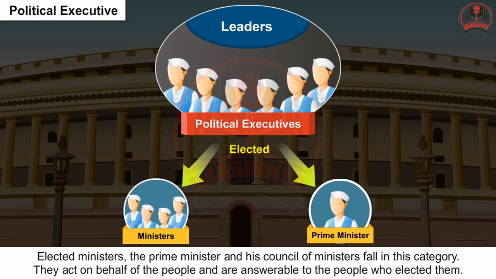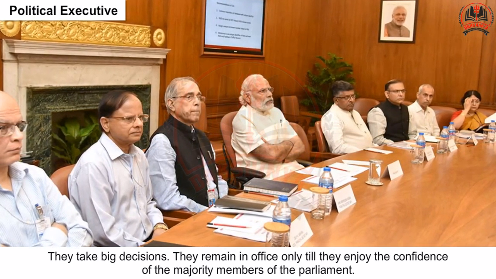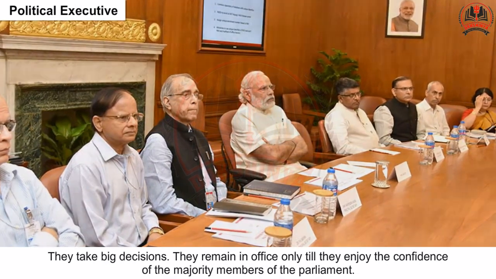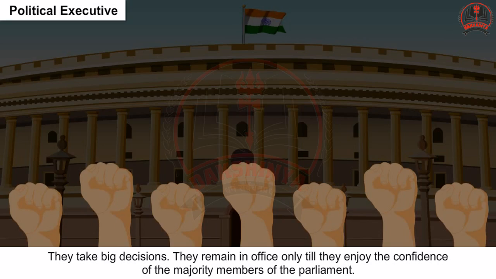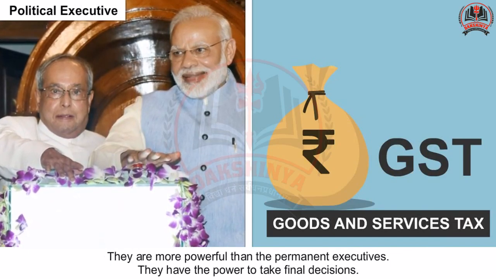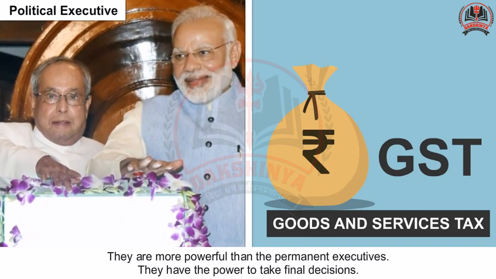They act on behalf of the people and are answerable to the people who elected them. They take big decisions. They remain in office only till they enjoy the confidence of the majority members of the Parliament. They are more powerful than the permanent executives. They have the power to take final decisions.